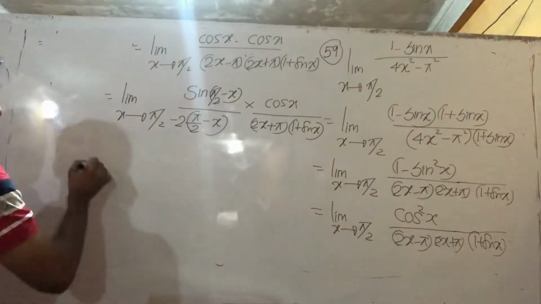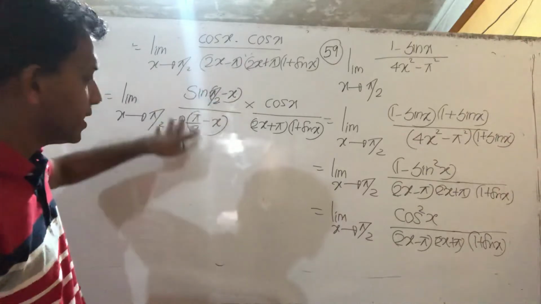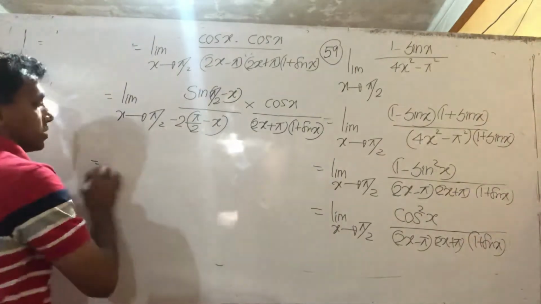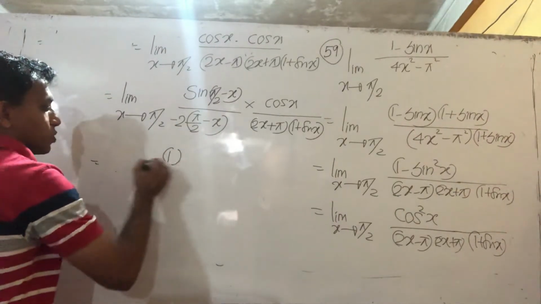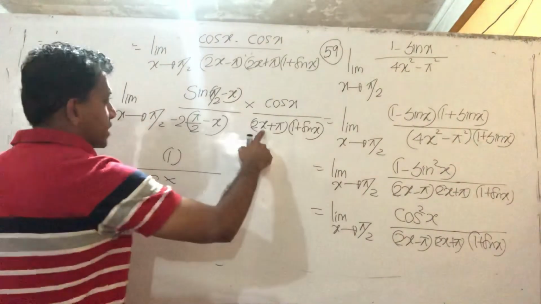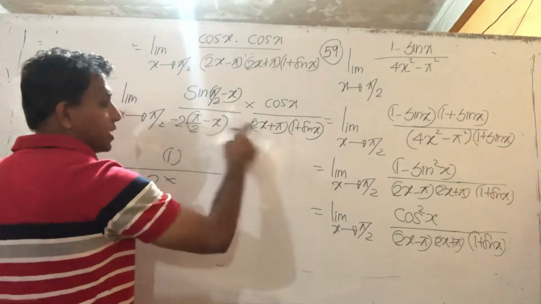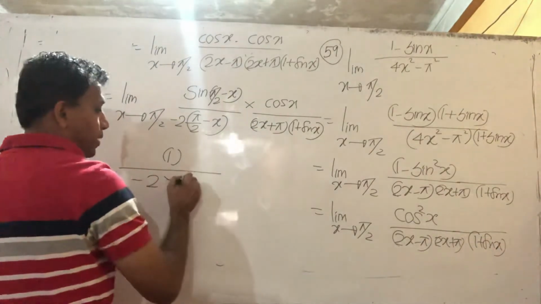Now use the limit theorem. See here, sine theta over theta is 1, here 1, here 1, right? 1 over minus 2, here put x as pi by 2, the 2 cancels, pi.